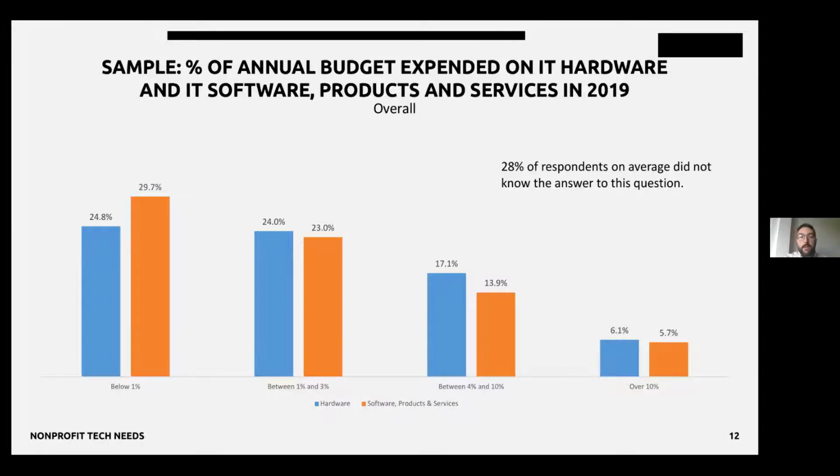And we see that almost half of the organizations in the Western Balkans spend below 3% of their budget on software and hardware. So that is a problem. We have some organizations that are spending more, but as a sector, the expenditure in this regard is very low.